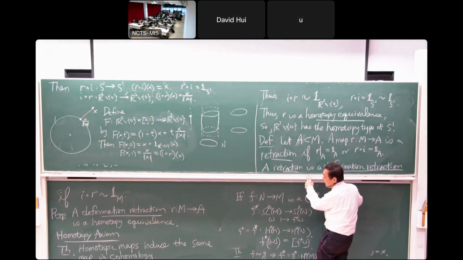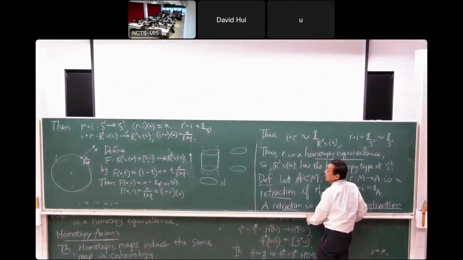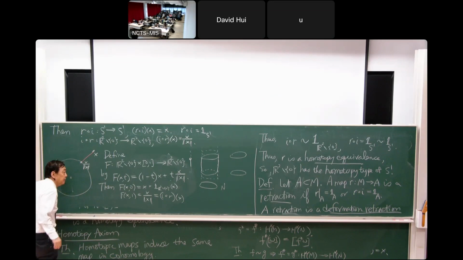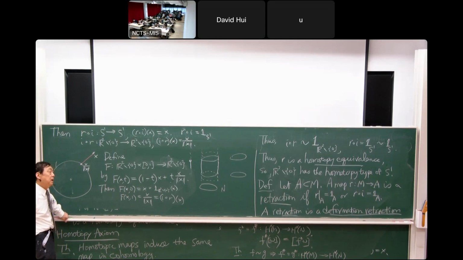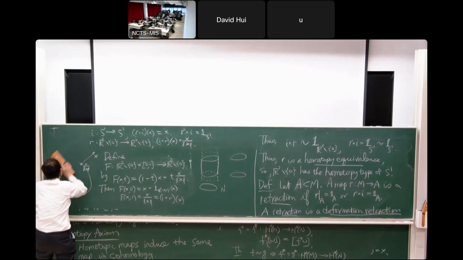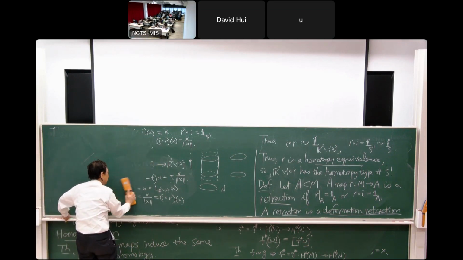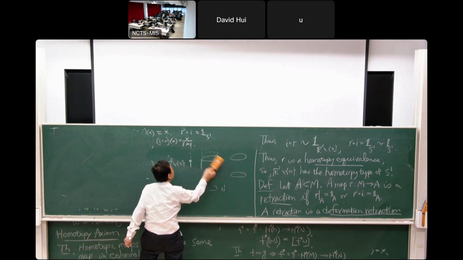Well, the first consequence is that a homotopy equivalence induces an isomorphism.